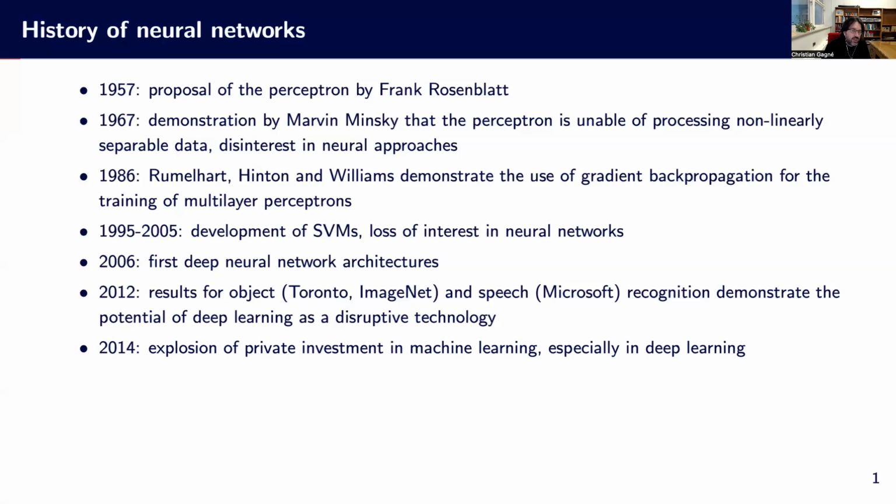That investment was also reflected by an increase in the pace of research and the capacity to develop approaches with a good level of computational resources and access to very large data sets.